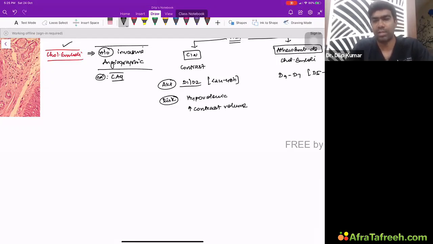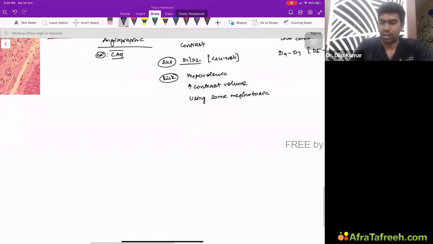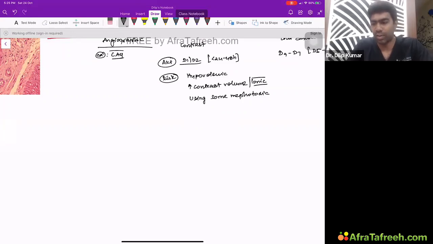And at the same time, the patient might be using some nephrotoxic drug or nephrotoxic agent. Typically, we use a non-ionic contrast, but if you're using more of an ionic contrast, or more and more contrast volume, the risk is actually higher.